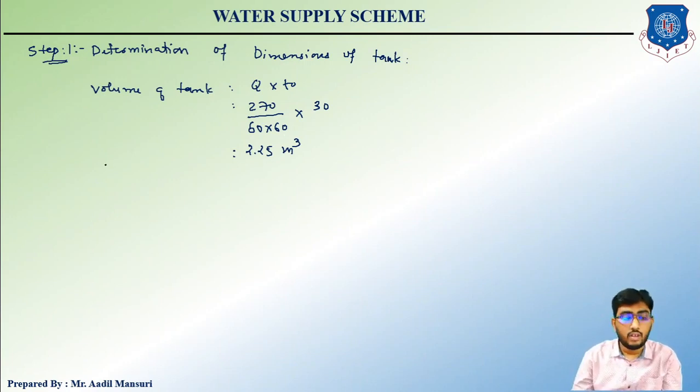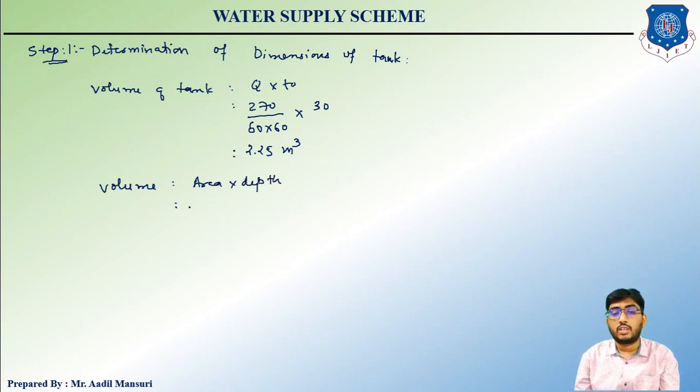Next, volume equals area into depth, agree? Now this is a circular tank, so area will be equal to pi by 4 D square, and we can assume depth equals 1.5 times diameter. Okay, so volume we have got 2.25, therefore from here we can get diameter equals 1.25 meter.